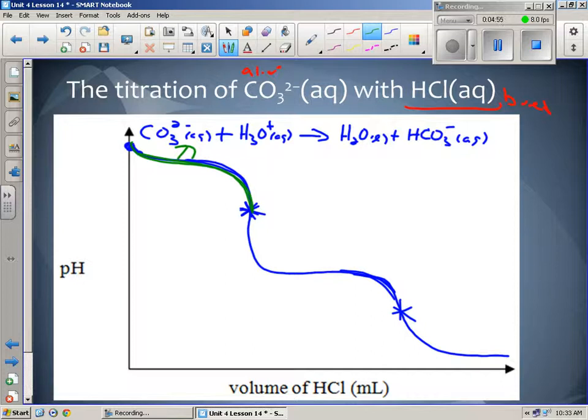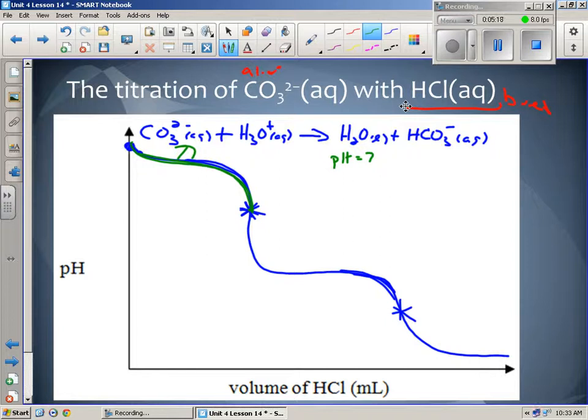Now, I don't know a lot about this, except that this has now completely reacted to give me this and this. I know that this is not a pH of 7. Can I predict the pH for that, just like I did before?